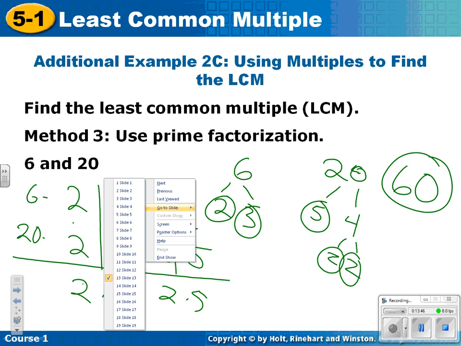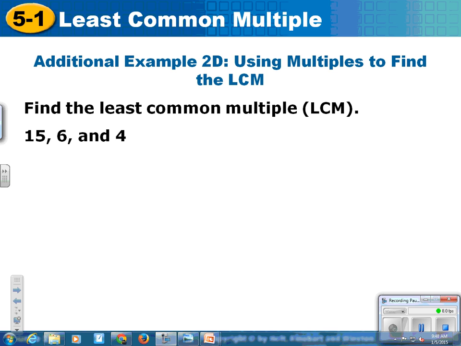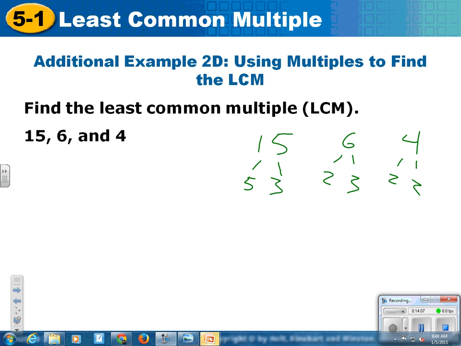On your whiteboards, I would like you guys to try this one. So our prime factorization for 15 was 5 and 3. Prime factorization for 6 is 2 and 3. Prime factorization for 4 is 2 and 2. So we do our columns.